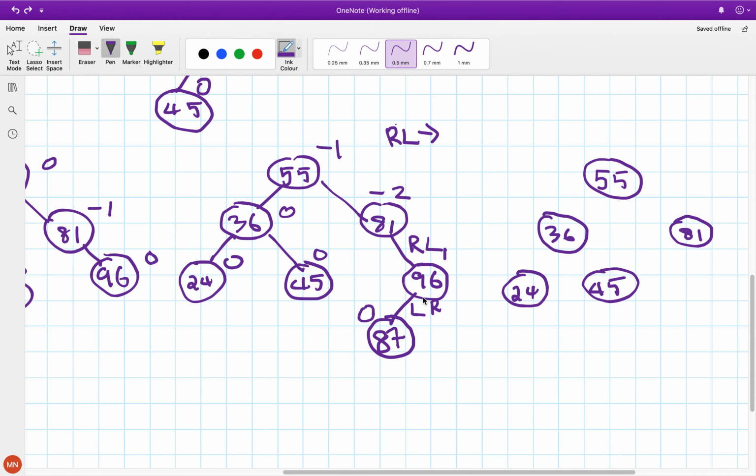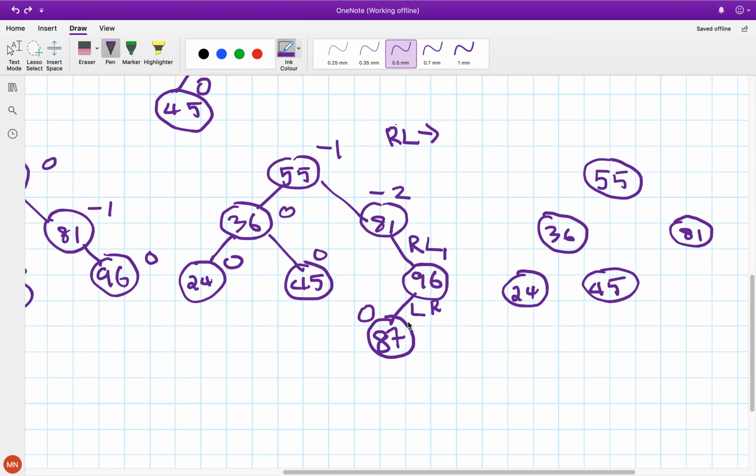Fine. Now if you rotate this 96 to the right, whichever was on the left of 96 will become the new root.